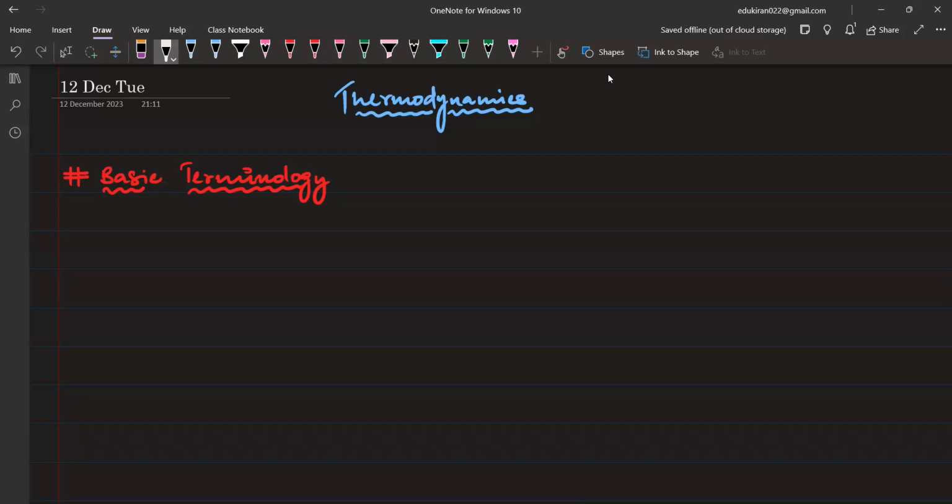Now, when we start with thermodynamics, then the first thing that we have to understand is what is system. We are going to study some particular part of a universe, and that part is known as the system. First term that you have to understand very clearly is what is a system.